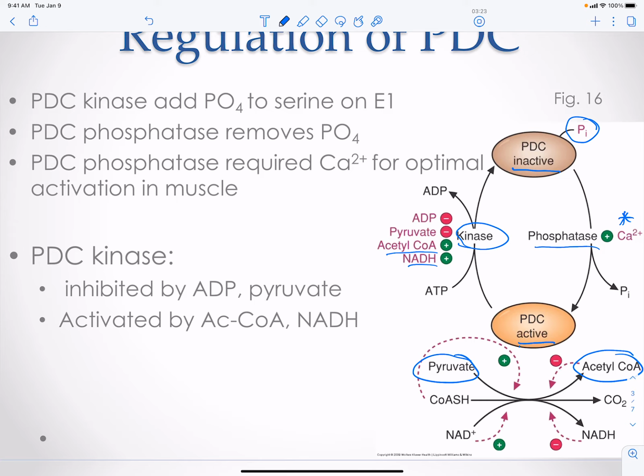Do you need to make energy or do you have too much energy? So again, if you have acetyl-CoA, which is going to feed into the TCA cycle, that's a negative regulator for the PDH, and that is going to activate the kinase to phosphorylate. If you have ADP and you need energy, that's going to turn off the kinase and is going to push it towards an activated state.